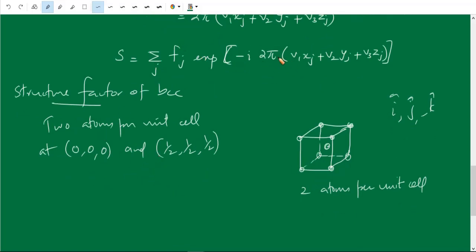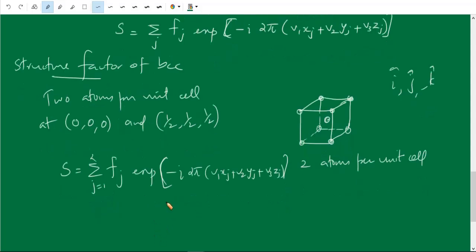Therefore we can write S is equal to the summation over j from 1 to 2 of Fj exponential minus i 2 pi (v1 xj plus v2 yj plus v3 zj).